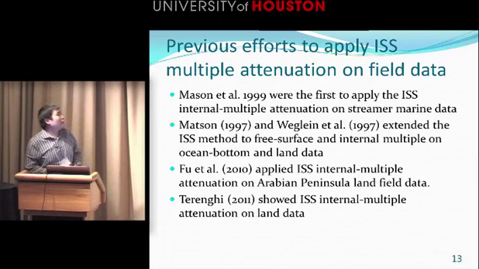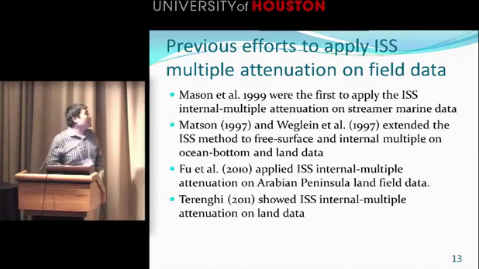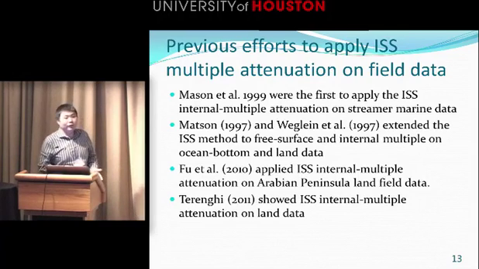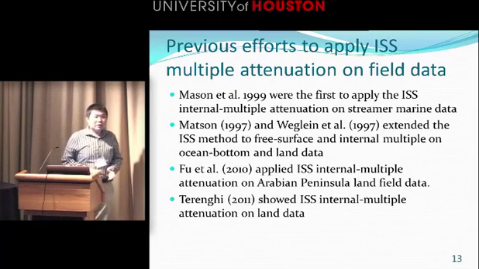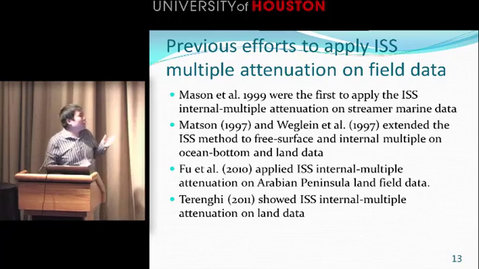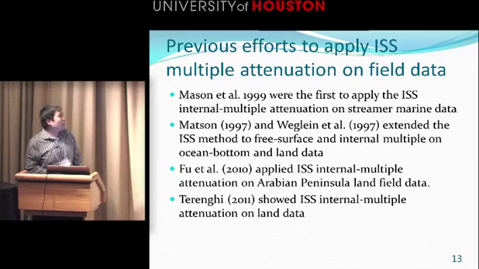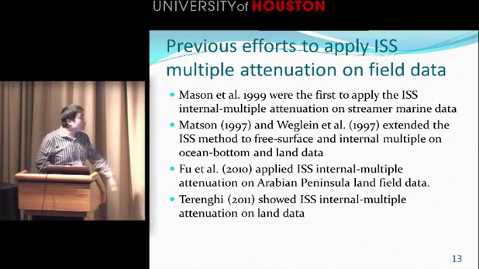Here are some previous efforts to apply ISS internal multiple attenuation on field data. We have no intention to make a comprehensive list of all efforts on this topic, just some major ones. First, Mason 1999 applied the ISS internal multiple attenuation on streamer marine data.